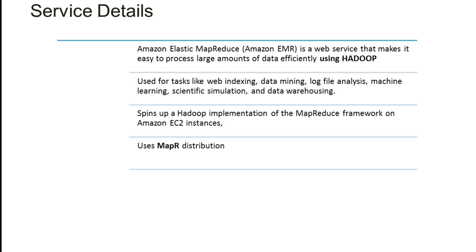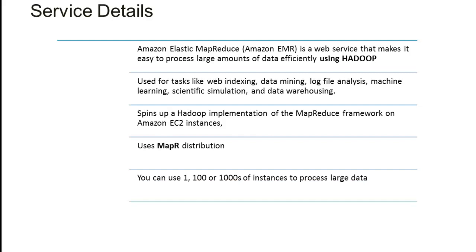You can have a Hadoop flavor from Cloudera. You can have a Hadoop flavor by Apache. You can have a Hadoop flavor by the MapR company. So, there are various distributions of Hadoop. The distribution which is used by AWS is the MapR distribution. So, that is all you have to just be careful about.